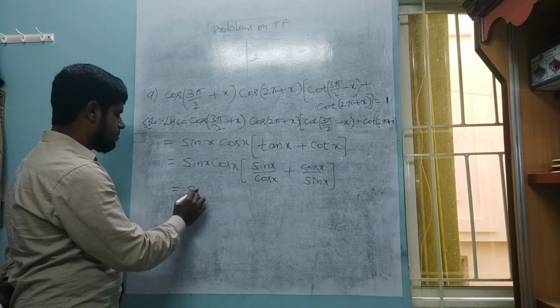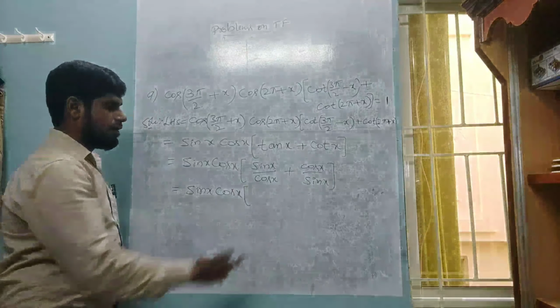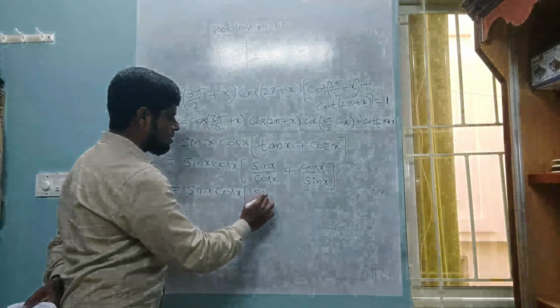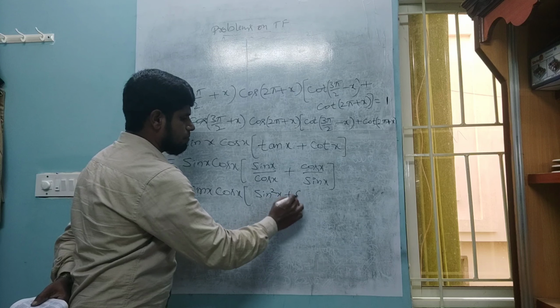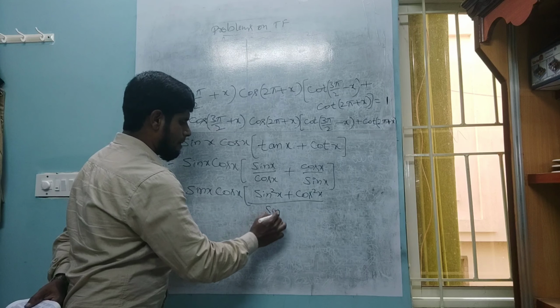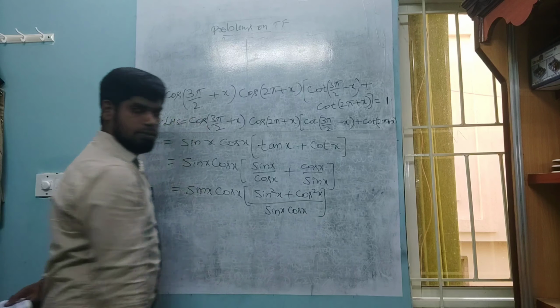Sin x into cos x as it is, and sin x multiplies to this sin x: sin x into sin x is sin²x, plus cos²x, whole divided by sin x into cos x.